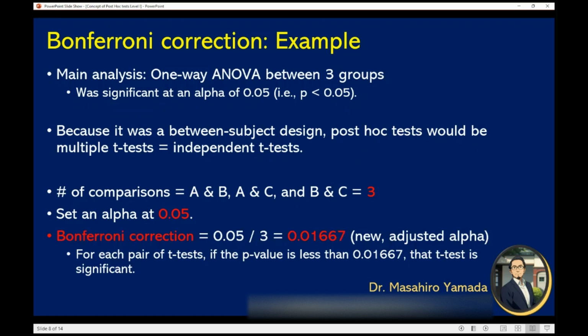This is the new adjusted alpha. After you obtain the p-value of the t-test, you say this pair is significant only when the p-value is less than this new adjusted alpha, even though you originally set 0.05.